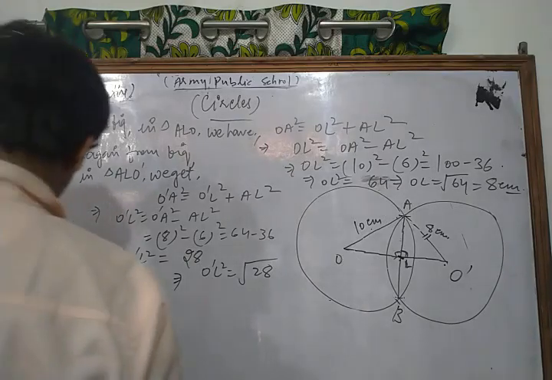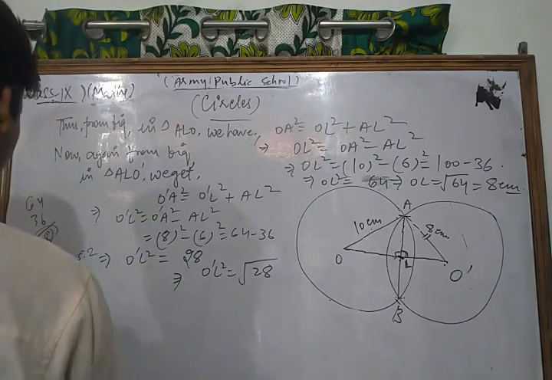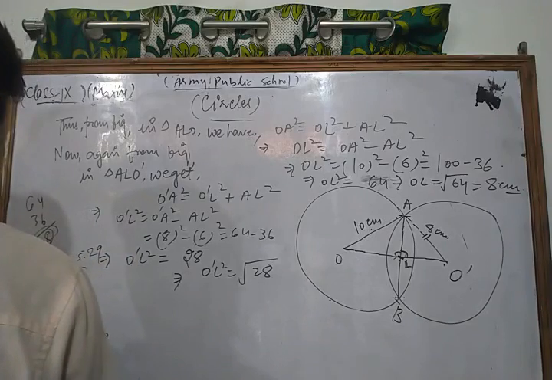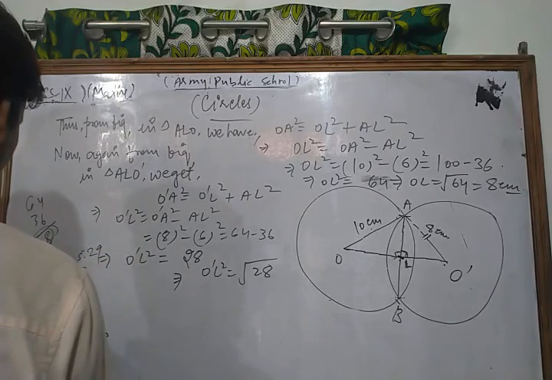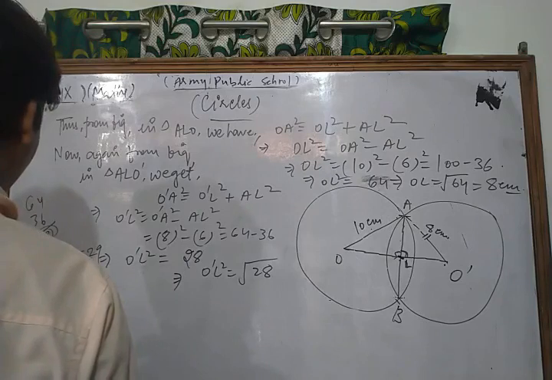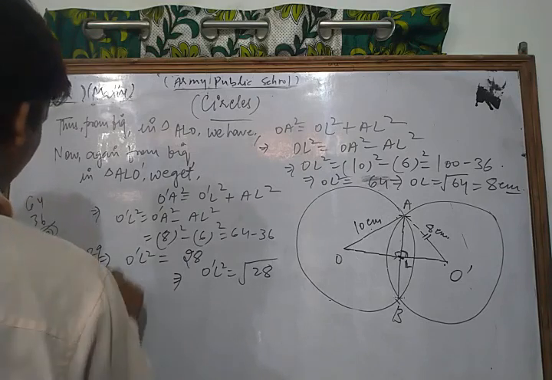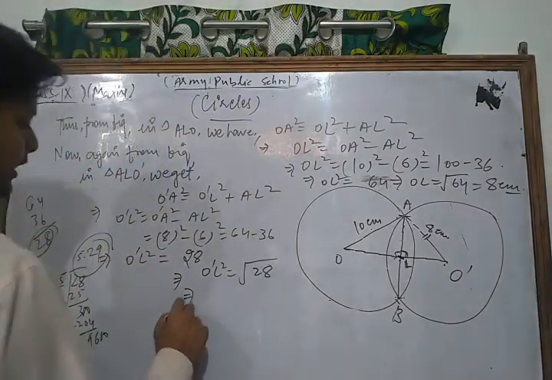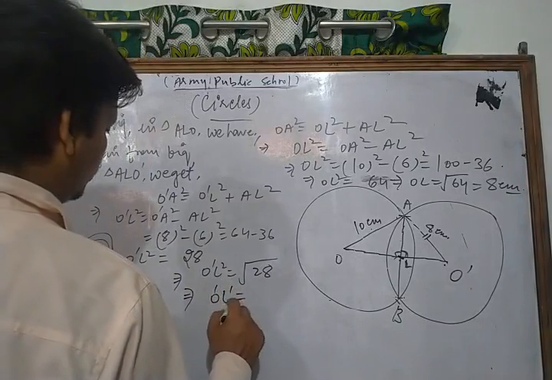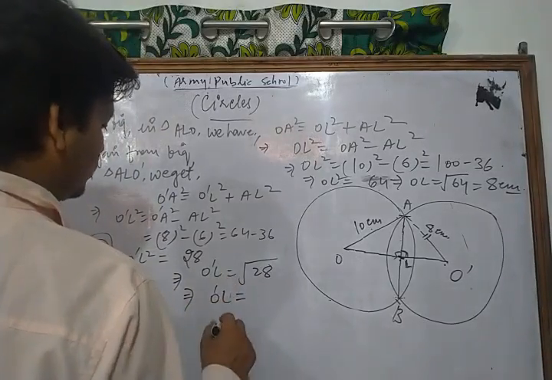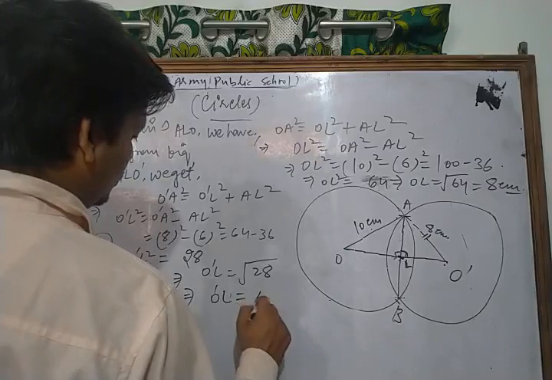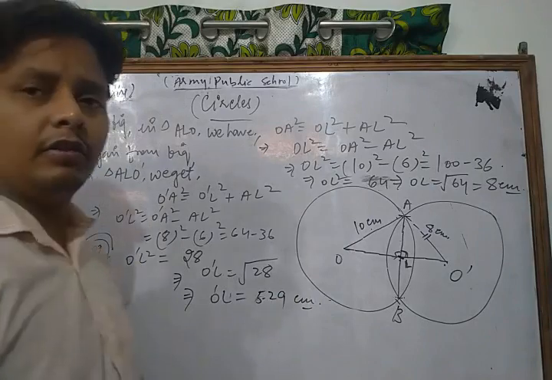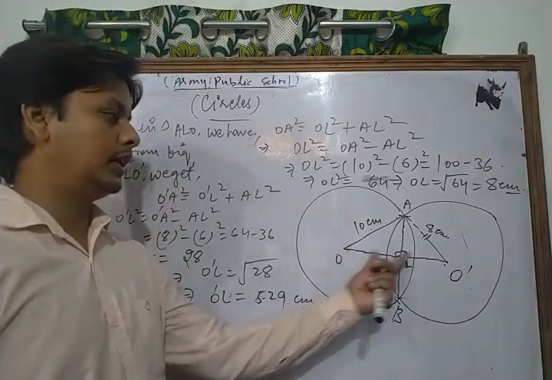So the square root is about 5.29. So after finding the square root, we write O dash L is equal to 5.29 centimeter. So in this way we find the values OL and O dash L.